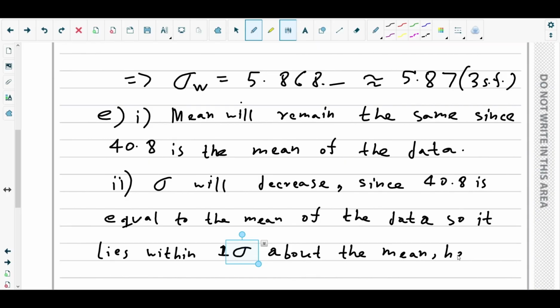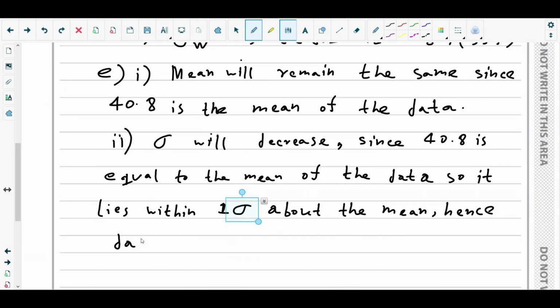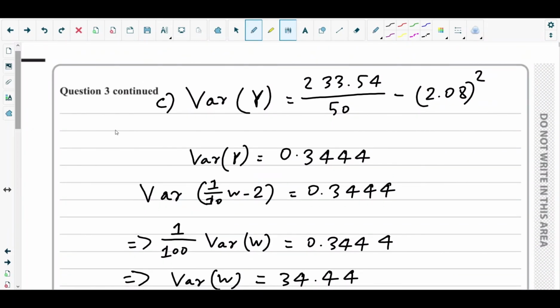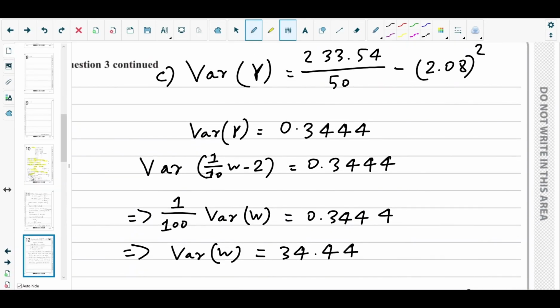Hence data values get closer to the mean, and that's why the standard deviation of the data will decrease. And that's all about question number 3 from the May 2024 S1 paper. That's it.